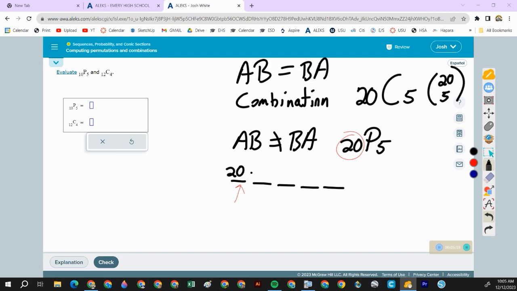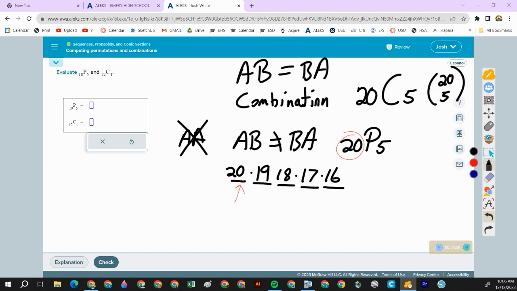No. So this is going to be 19, which means that AA is not a possibility. And what do we call it when AA is not a possibility? A permutation without replacement. So if you don't stick it back in, it's without replacement. And then the third letter has 18 choices, and the fourth 17, and then 16.